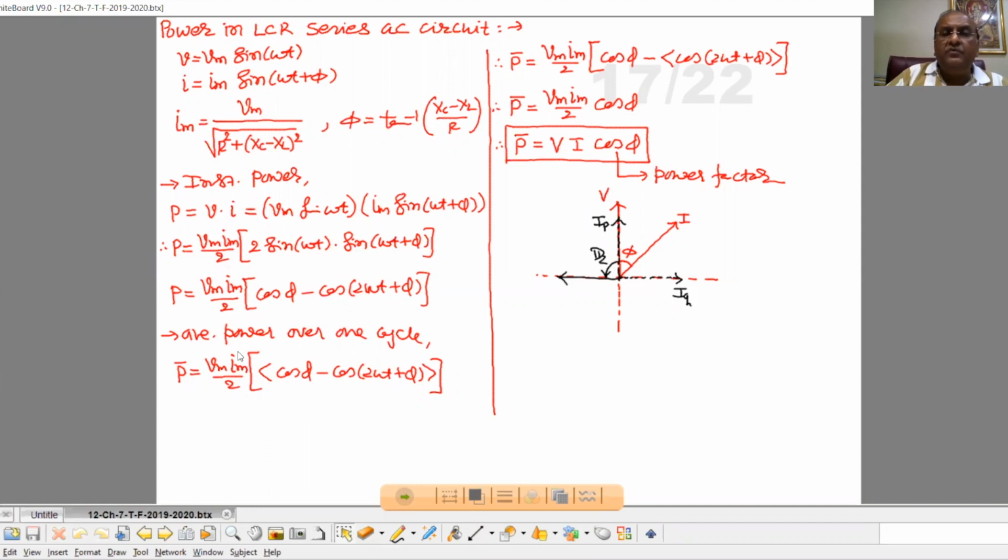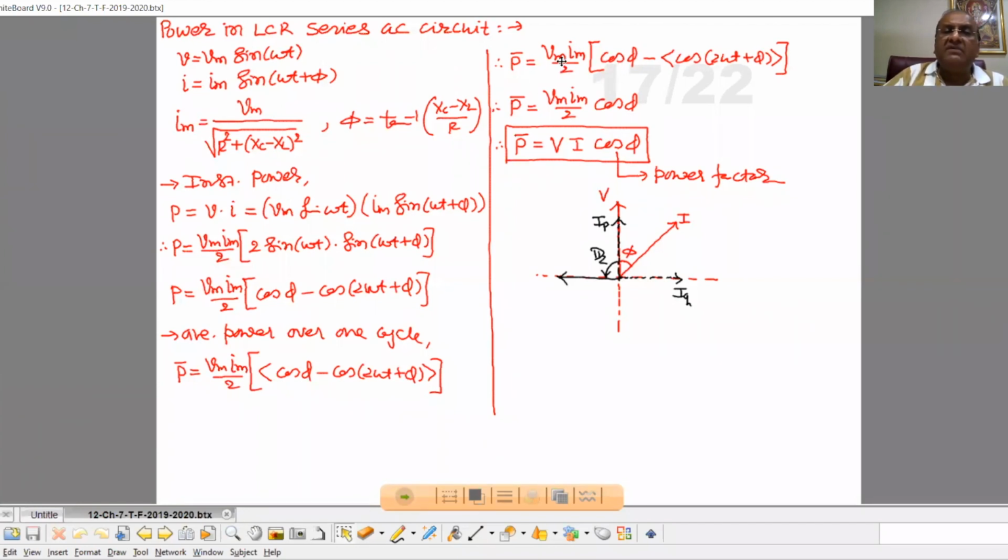But now if you want to calculate average power over one cycle, then we have to take average of this bracketed term. So average power, that is Vm Im by 2, that is constant part, into average of cos phi minus cos (2 omega t plus phi). But this cos phi, that is also constant one in this bracketed term.